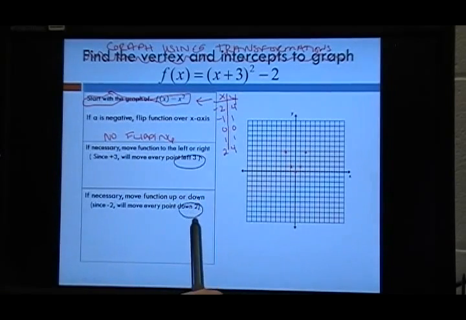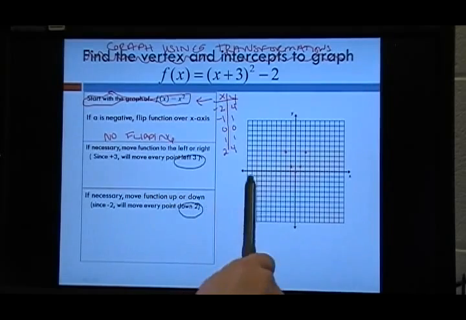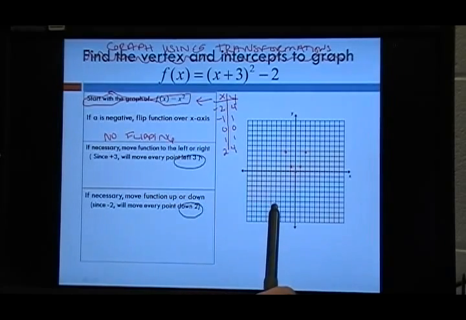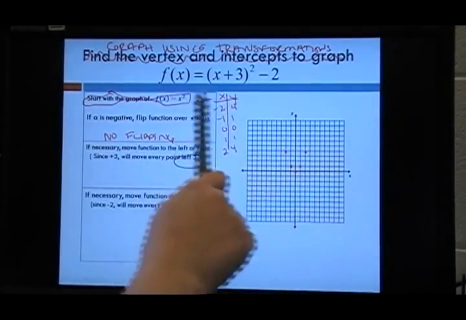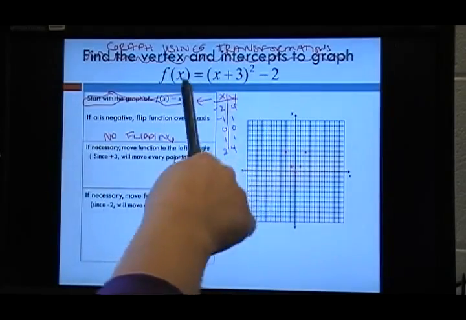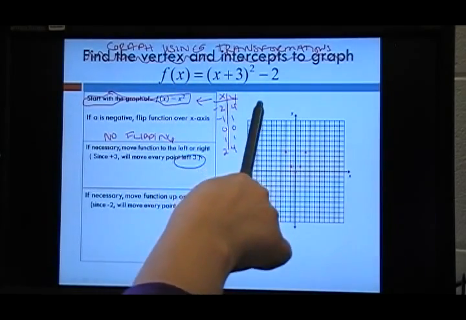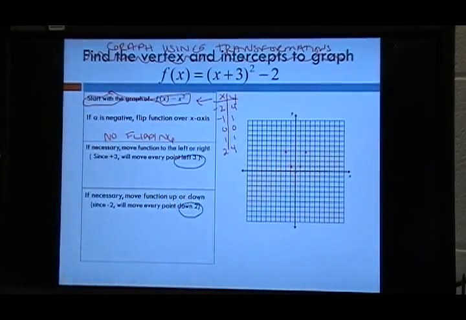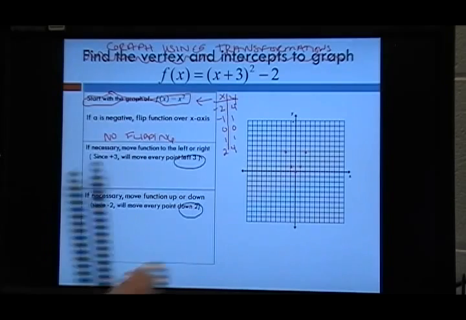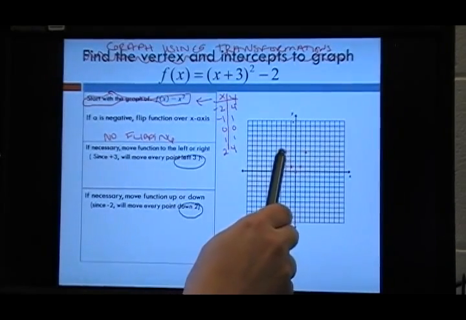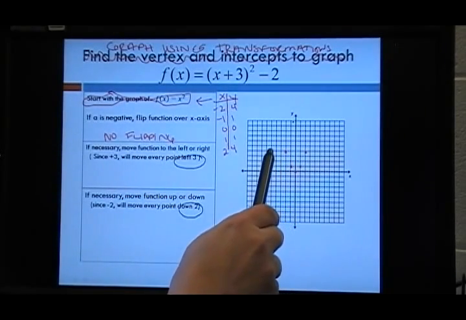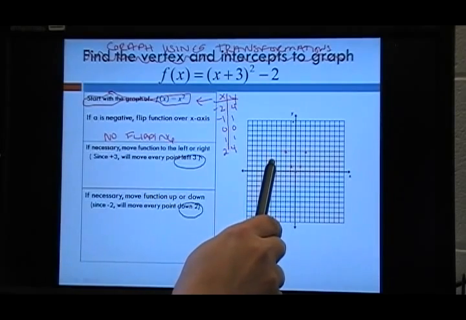And once I have done that, the points that I see on my graph should be points that are on this parabola, and I can then just make my parabola through those points. So I have to move every point left 3. So I'm going to take this and go left 1, 2, 3, and down 1, 2.